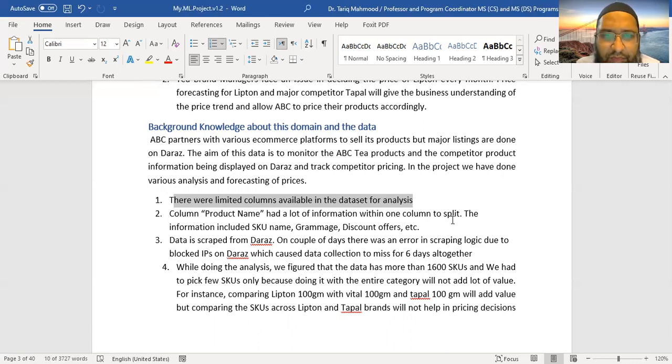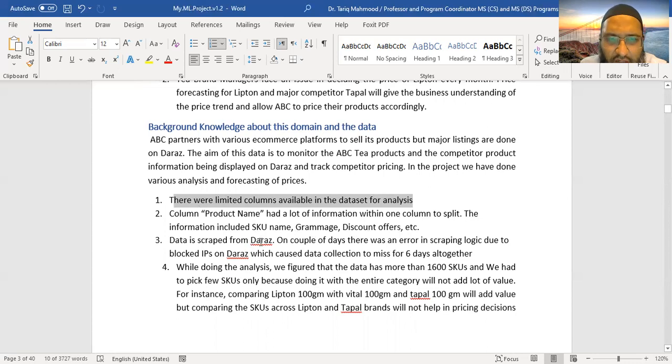So that's why we have this product hierarchy in warehousing, which absolves us from this long string. We don't want to do anything with that. In this case, we don't have a warehouse, so we needed to classify this product name in some way so that we can do away with this long string. So that's the problem. So the information included the SKU name, grammage, discount offers, etc.